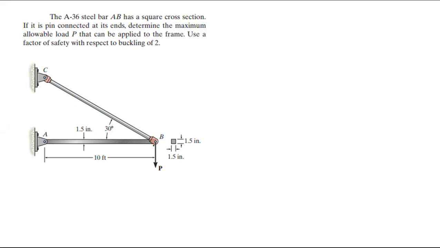Looking at this, you can see that this member will be in tension and this one in compression. This is a vertical force acting downwards. At this joint, this member is perpendicular, so it has no connection with this load. This perpendicular force cannot stop this P, so only this force can bring P into equilibrium.